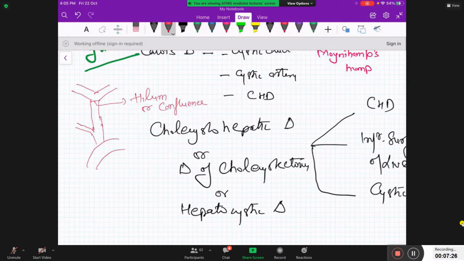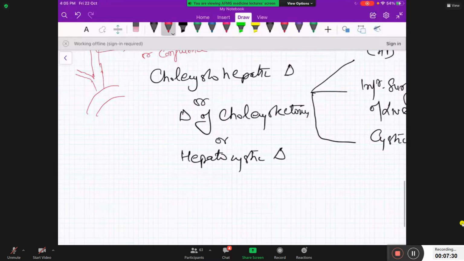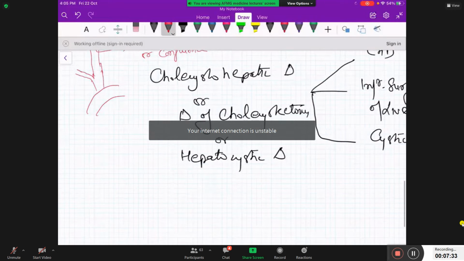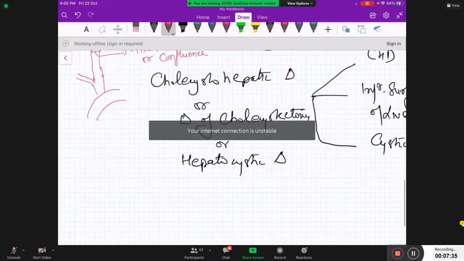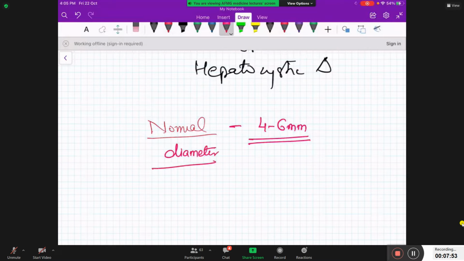You know that, right? And the normal diameter, very important point, and a question will be there on this too. The normal diameter of the CBD is 4 to 6 mm.